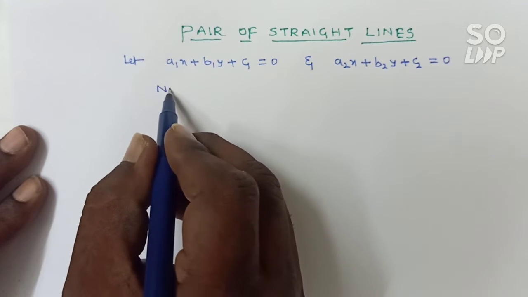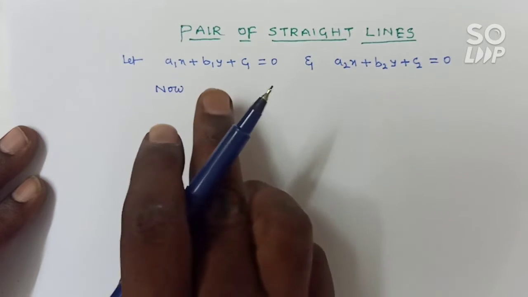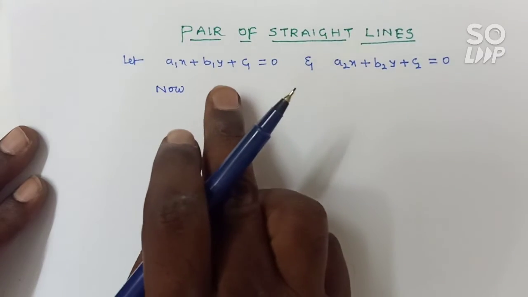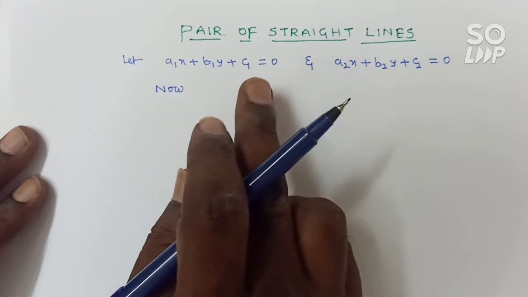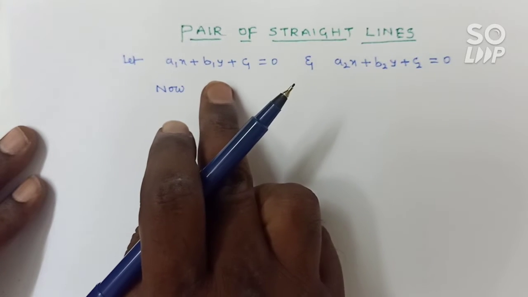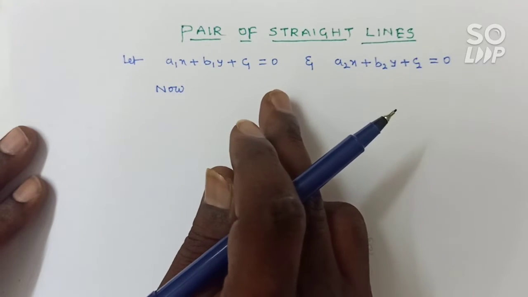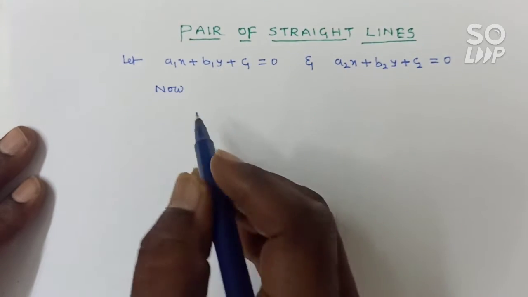Now, the combined equation of these two lines. How can we get the combined equation of these two lines? The product of these two represents the combined equation.